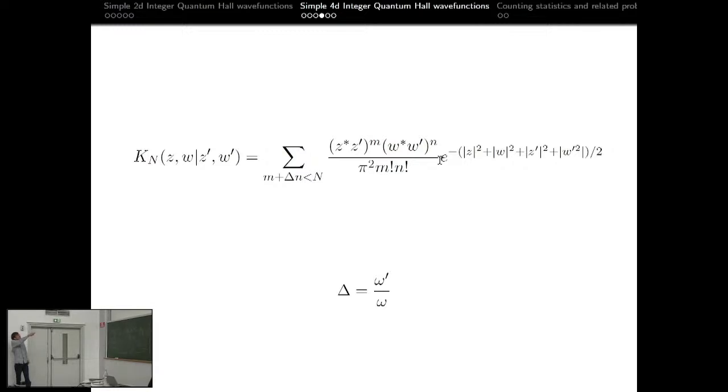I have two quantum numbers now, m and n, and I need to select numbers for which m plus delta n is less than some big number N. So big N here will play the role of the chemical potential, and I take all the states that are below. And as before, I want to take big N to infinity.